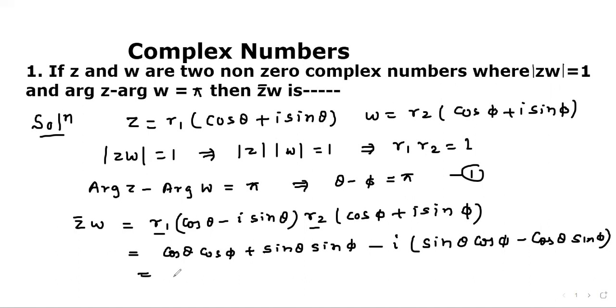So this can be written as cos theta minus phi minus iota sine theta minus phi.